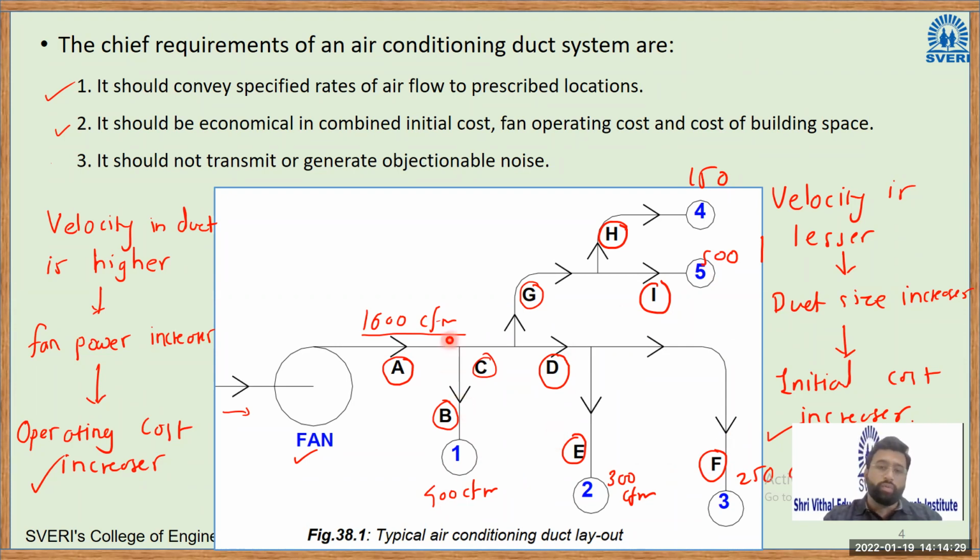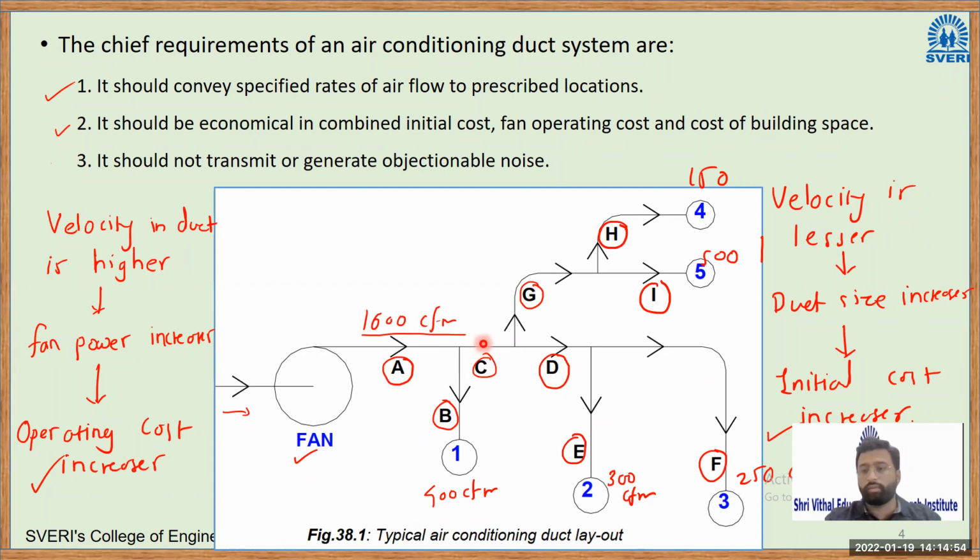Now, when you calculate the airflow rates, the next step is sizing the duct. So 600 CFM will require a larger duct. When some amount of airflow is taken out through this branch, obviously CFM will decrease by 400, so it will become 1200. So at this junction, we have 1200 CFM.